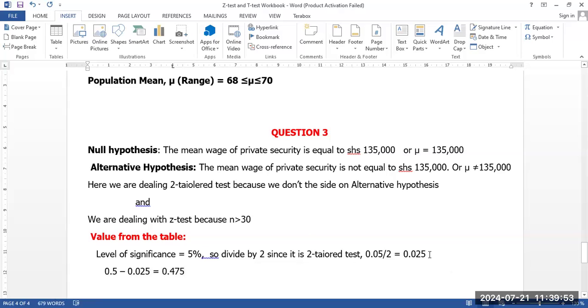Once you confirm it is a t-test, you get your V, which is n minus 1. But once you confirm that it is Z test, this should be your next step, and this is your probability. We need to read the value that gives us this probability on the Z distribution table.